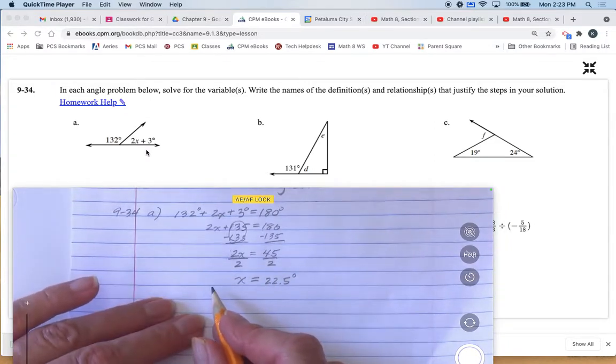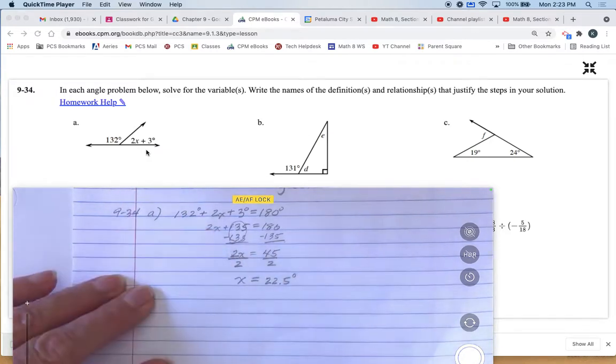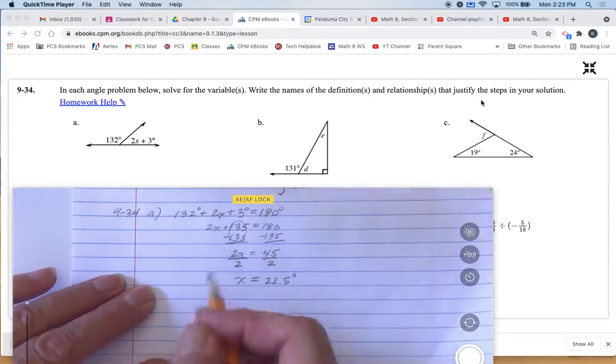And then it does say that we have to write the names of the definitions and relationships that justified our solution.